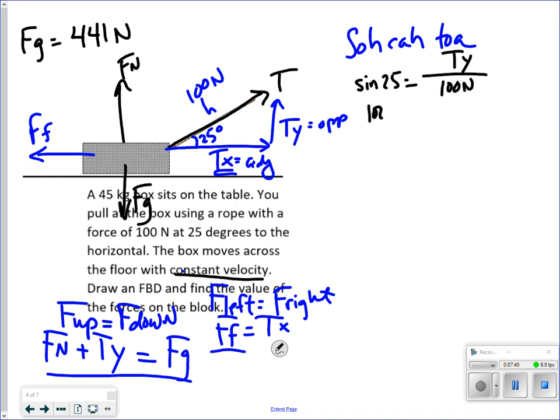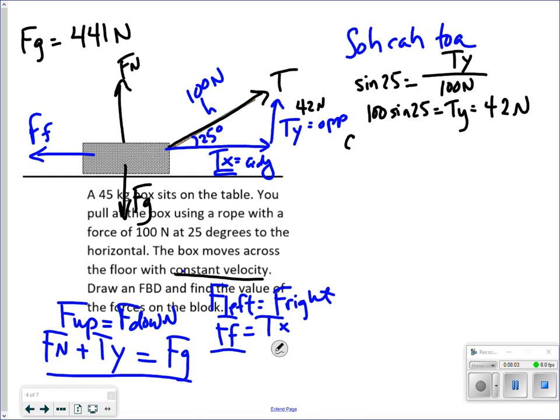So 100 sine 25 equals Ty. I'm just going to do some quick math. You do want to make sure you are in degrees, not in radians. Okay, I borrowed Mr. Hartz's calculator here and messed up my problem before. All right, so this one, Ty, is going to be 42 newtons right there.